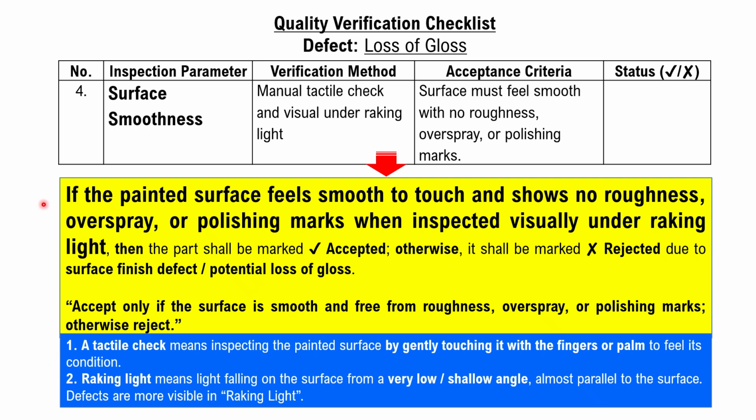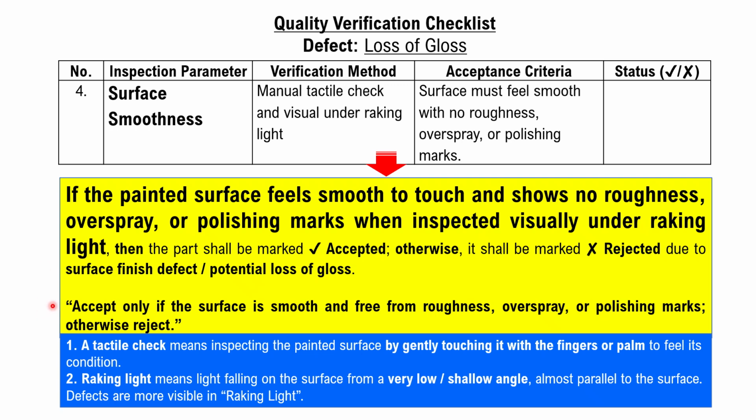So, if the painted surface feels smooth to touch and shows no roughness, overspray, or polishing marks when inspected visually under raking light, then the part shall be marked as accepted. Otherwise, it shall be marked as rejected due to surface finish defect, and possible loss of gloss.